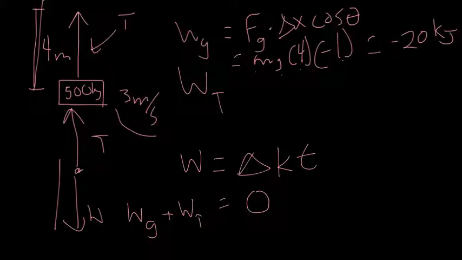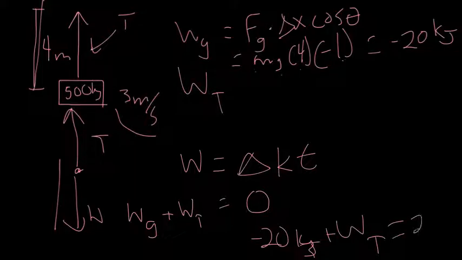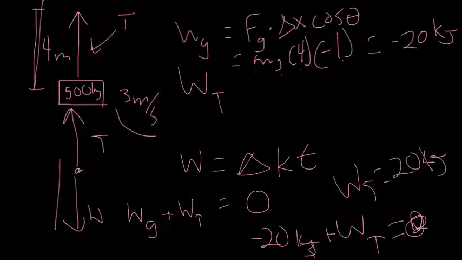If gravity did negative 20 kilojoules, then when we solve this, we're going to get that tension did 20 kilojoules of work. If we add those together, the total work done is 0 because they balance out. Negative 20 kilojoules of work were done by gravity, and 20 kilojoules of work were done by tension.